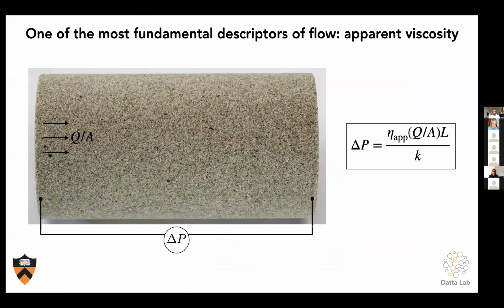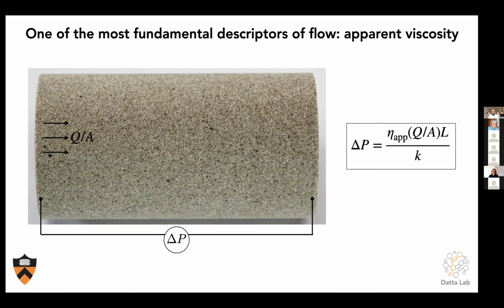And so in all of these cases, the simplest question you can ask about whatever polymer solution you're using is, what's the relationship between the pressure drop across a given porous medium that you're injecting your polymer through and the flow rate? The volumetric flow rate is Q, divided by the cross-sectional area A. So this is the Darcy flux. What's the relationship between the pressure drop and the flow rate?